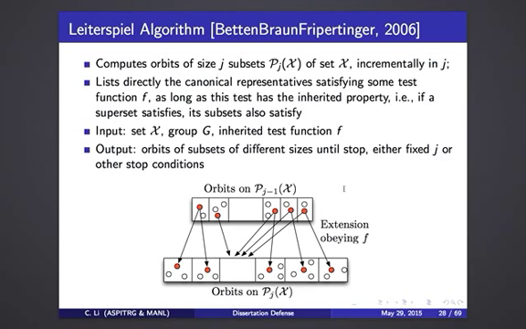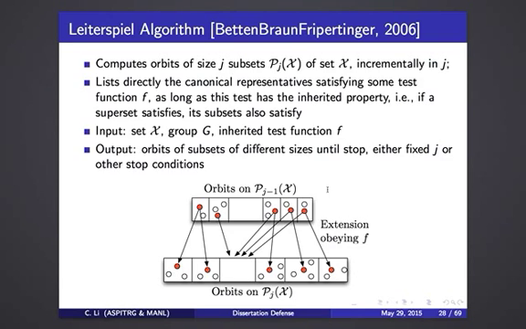So as the picture shows here, suppose we know the orbits on size j-1 subsets. Lattice Spiel directly extends to orbits on size j subsets. In addition, it can have some test function f inherited, as long as the function f has the inherited property. That is, if a superset satisfies f, its subset will also satisfy.